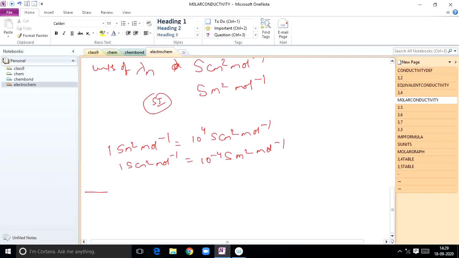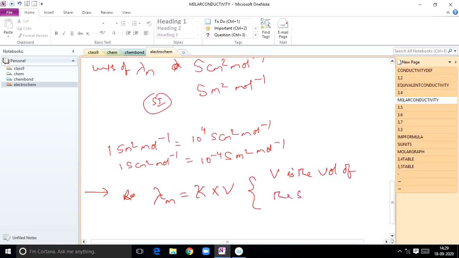So next one, relation between... see here, already we know this: lambda m is equal to specific conductance into V. So what is V here? V is the volume of the solution in cm cube containing 1 gram mole of an electrolyte.